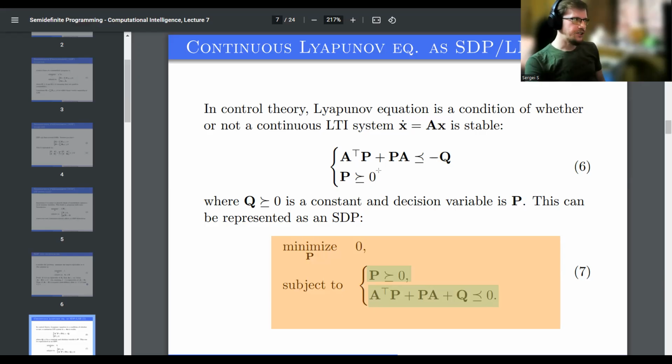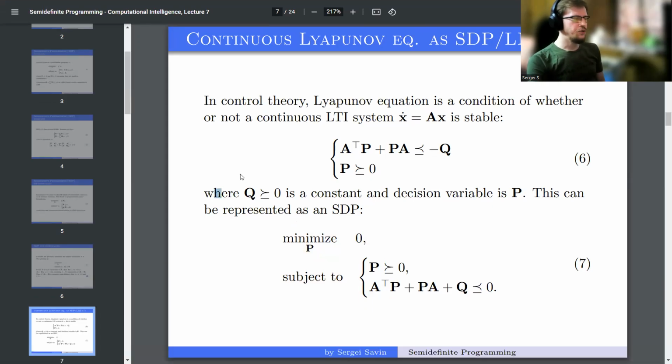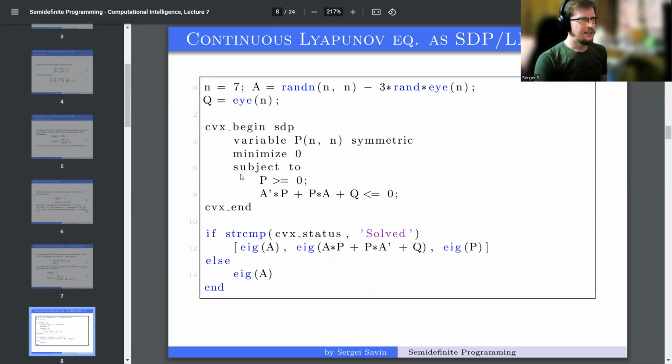And this is how you check stability with an LMI. Of course, if this was all it was good for, it probably wouldn't be as popular in control. But that is just a taste of what it's good for. It has much more to offer. Before we go on, let me show you how this is coded.